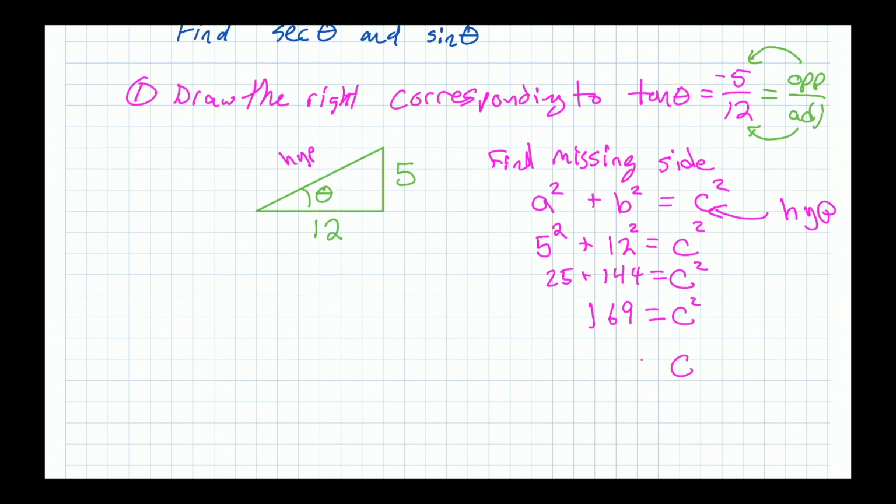And that means c is going to be the square root of 169, and that should be 13. Okay, so c is 13. So you go back up to your triangle and let us label that as 13. Okay, good. That's our triangle.